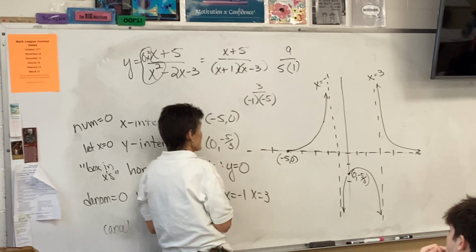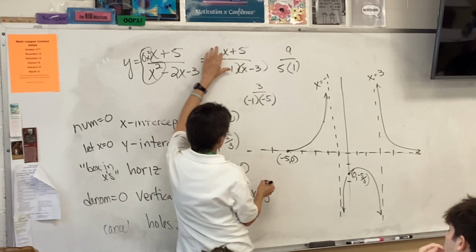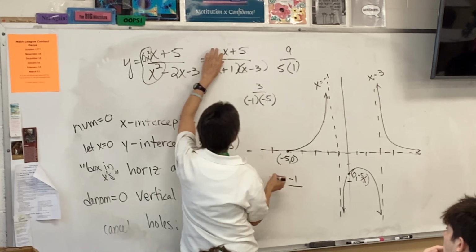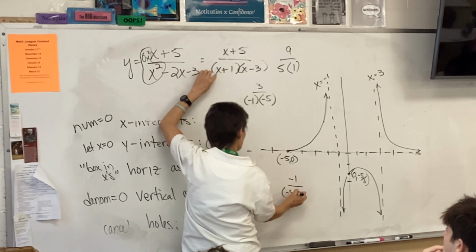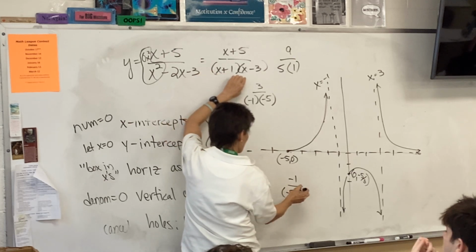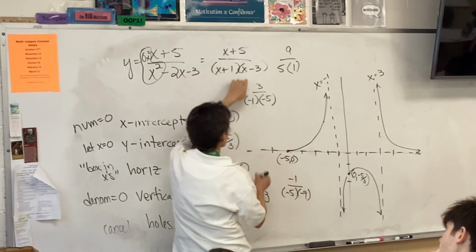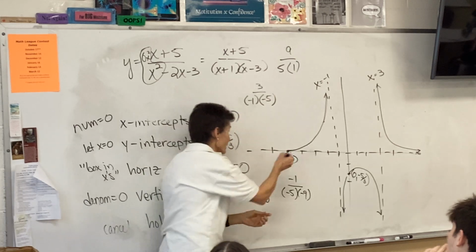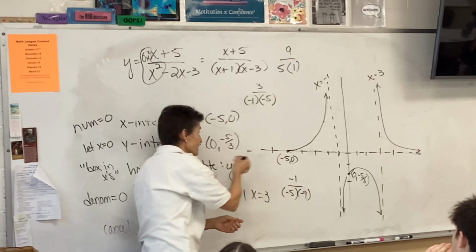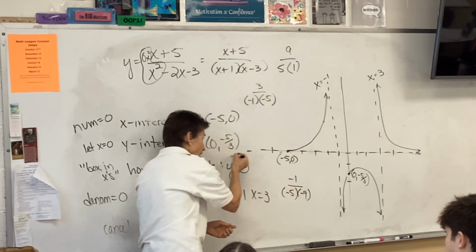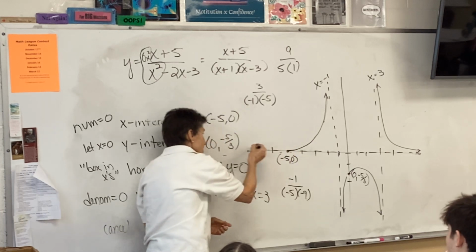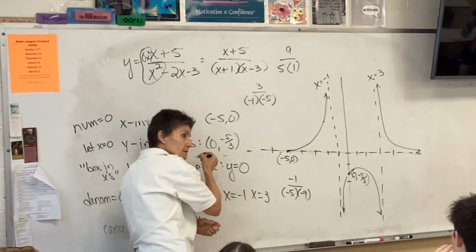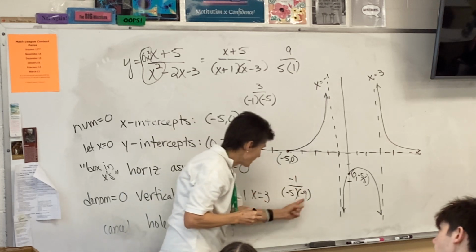I'm gonna try -6. -6 gives me -1 over -5 times -9. I'm trying to figure out how to continue this line. Am I gonna continue it underneath, or am I gonna continue it above? So, tell me about that. Positive or negative?